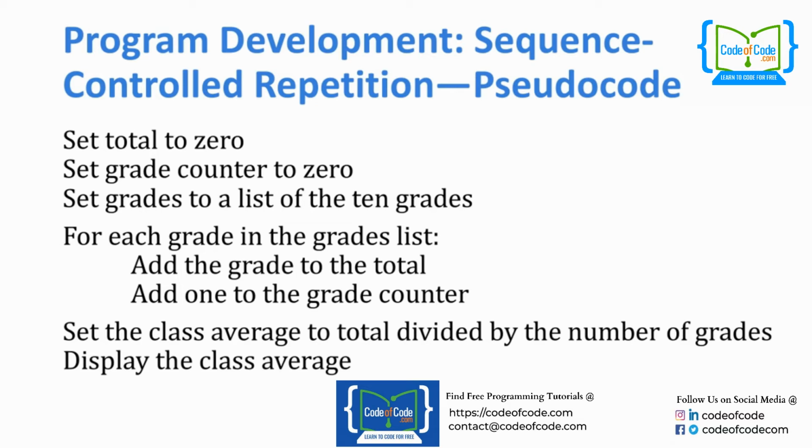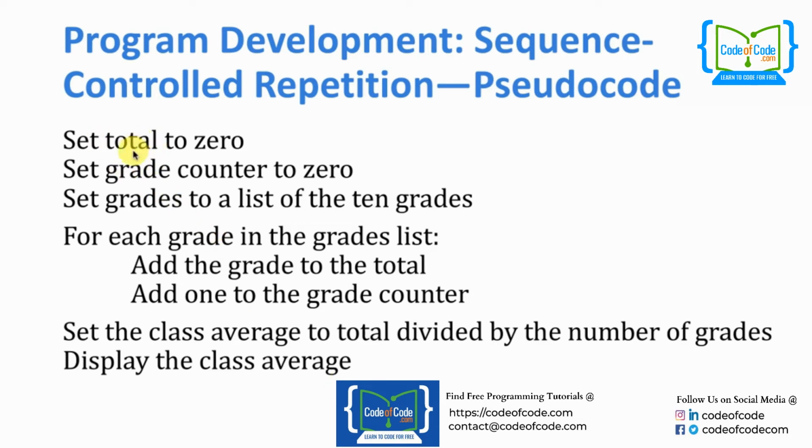And in order to do that, we need a variable in which we can store that total. So you can see here that we've listed a statement that says set total to 0. And by the way, this is the final pseudocode for this particular problem. In the next example, we'll take a look at developing pseudocode from scratch.